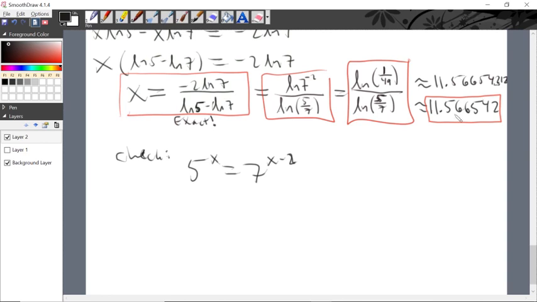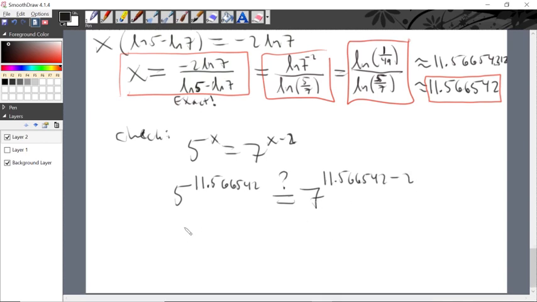Okay, we're going to plug in this approximation. So 5 to the power of 11.566542, is that equivalent with 7 to the power of 11.566542 minus 2?